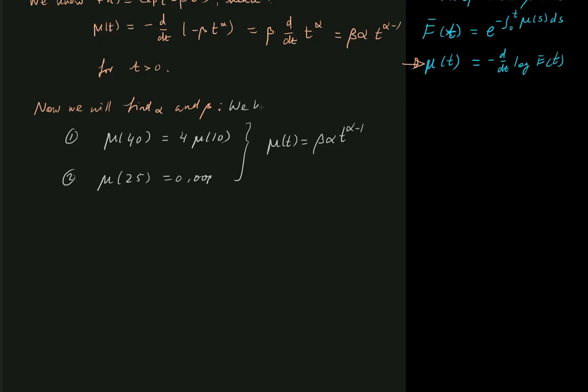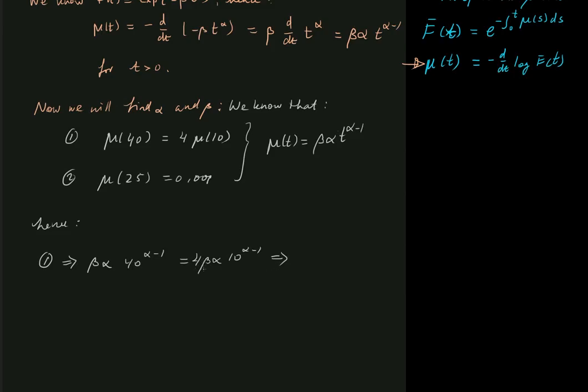So we know the following. Hence, we must have that the first condition implies that beta times alpha times 40 to the alpha minus 1 is equal to 4 multiplied by beta times alpha times 10 to the alpha minus 1.